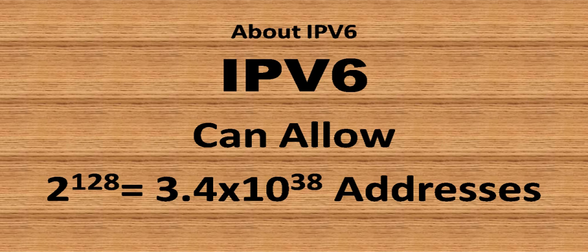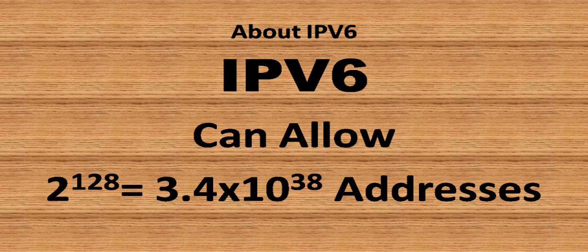As we know, IPv6 takes 128 bits total in its IP address. So if we take 2 raised to the power 128, we will get 3.4 multiplied by 10 raised to the power 38 addresses. So IPv6 can entertain 3.4 multiplied by 10 raised to the power 38 unique devices in the world.